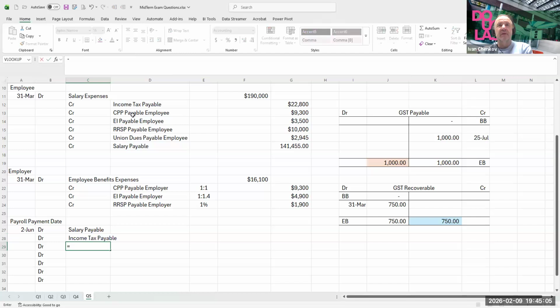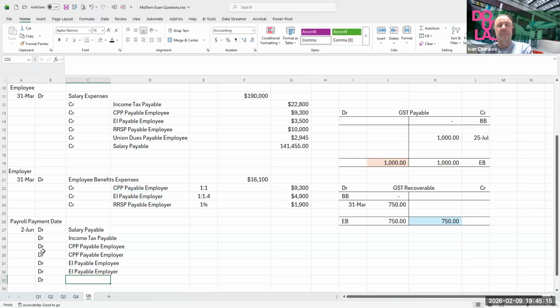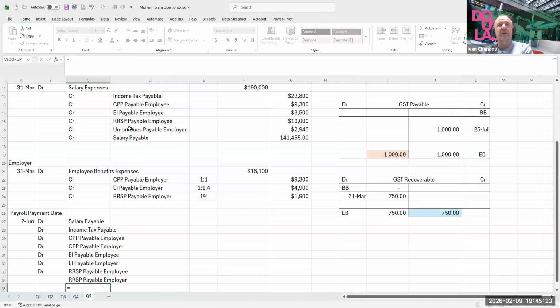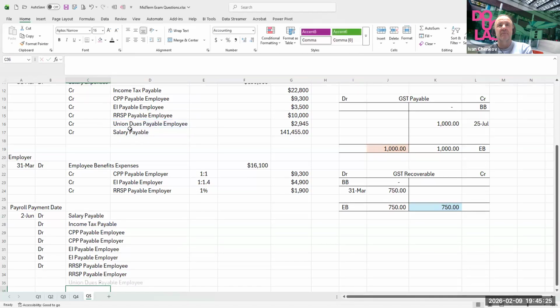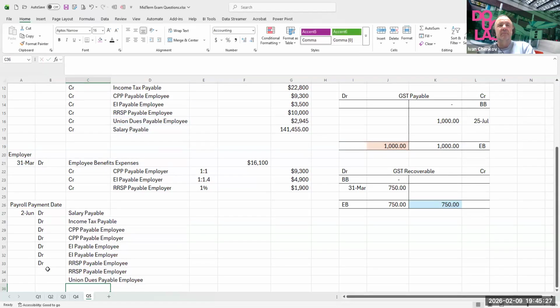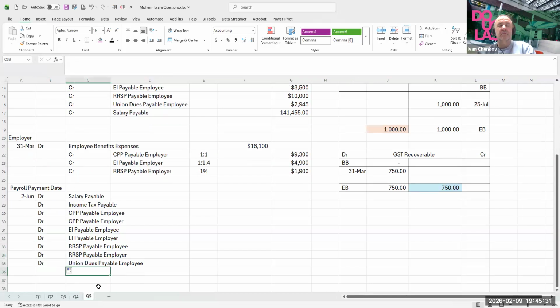Then we're going to have Canada Pension Plan employee, Canada Pension Plan employer, employment insurance employee, employment insurance employer. Then registered retirement saving plan employee, registered retirement saving plan employer. Then union dues for the employee, and we're done. And everything's going to go on cash.